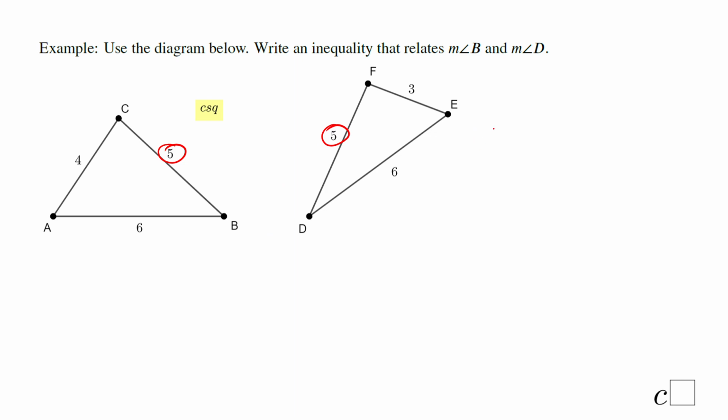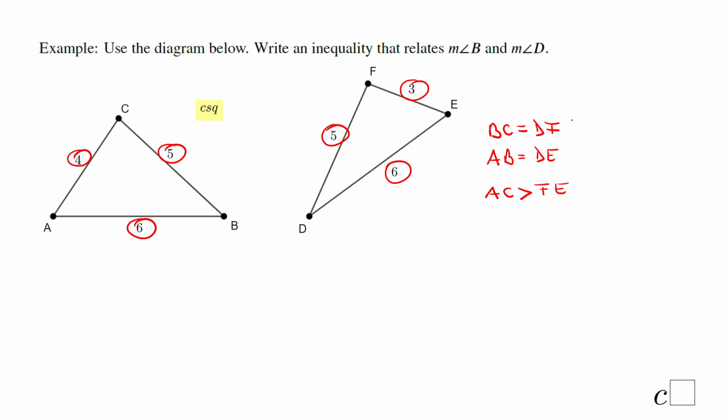So the measure of BC equals the measure of DF, both of them being 5. And also we notice these two sides are congruent because they have the same measure of 6. So AB is equal to DE. Now we're looking at the third one and we notice this is 4 and this is 3. AC is greater than FE.